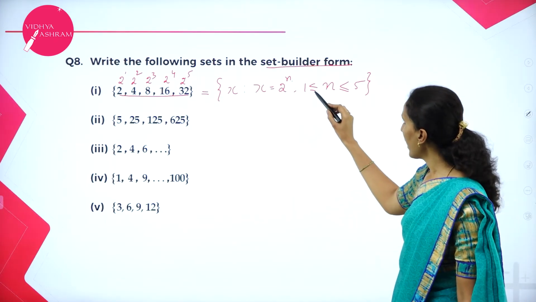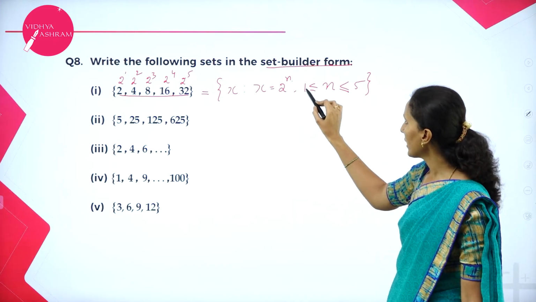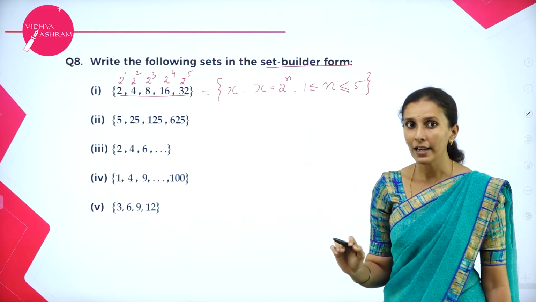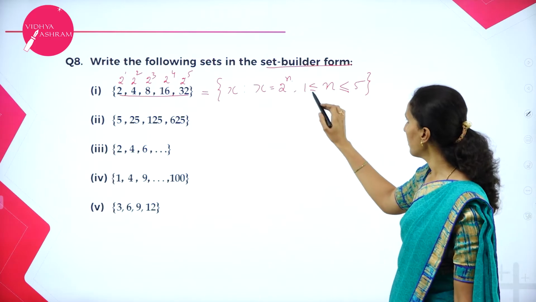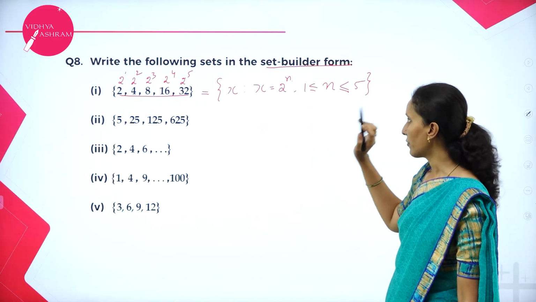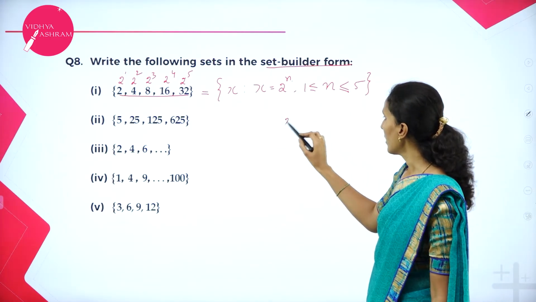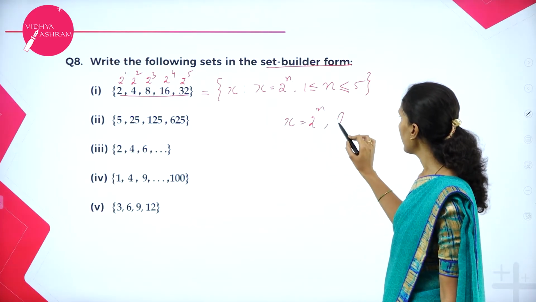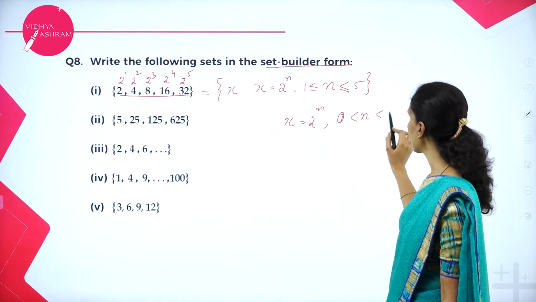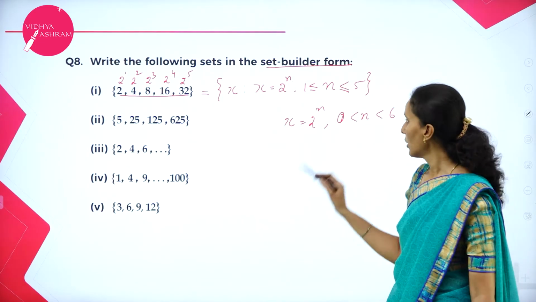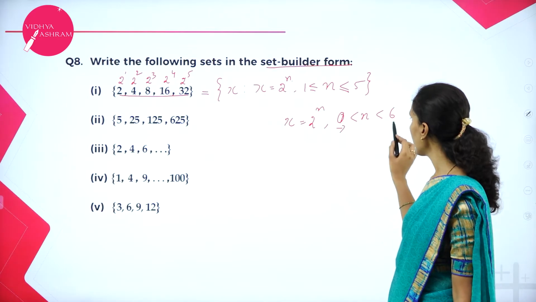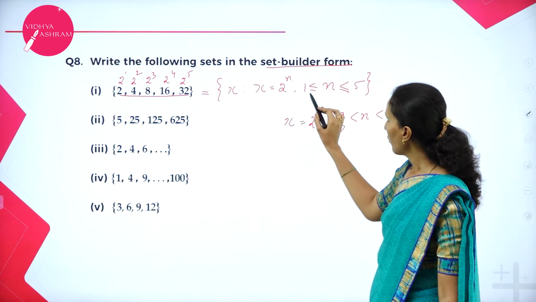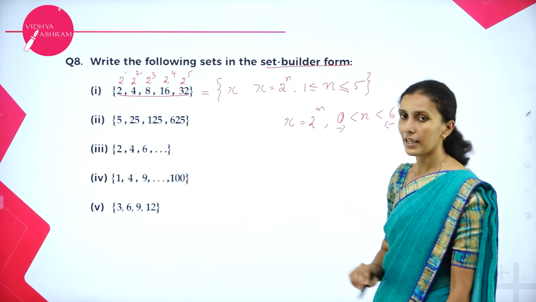Remember to write equality when you are including the numbers before and after. Don't write equality when you are not including the numbers before and after. You can write this like this also. X is equal to 2 power n such that 0 less than n less than 6. So here it differs. You can take the numbers after 0 and before 6. That is the numbers from 1 to 5. But if you are including the numbers, then write the equality.